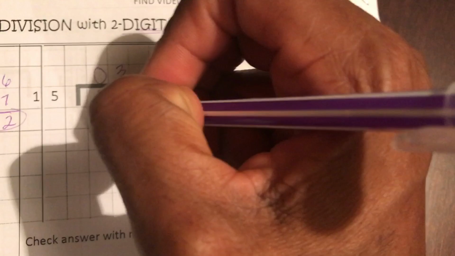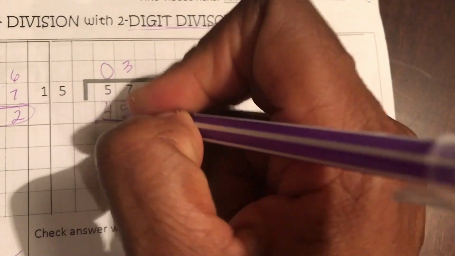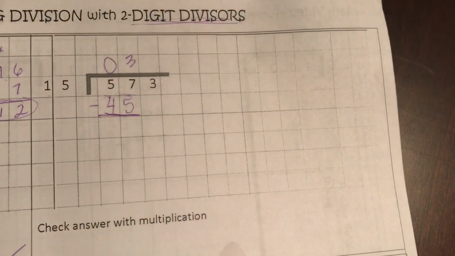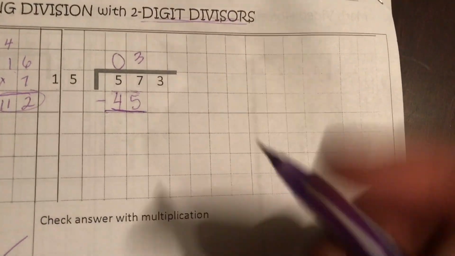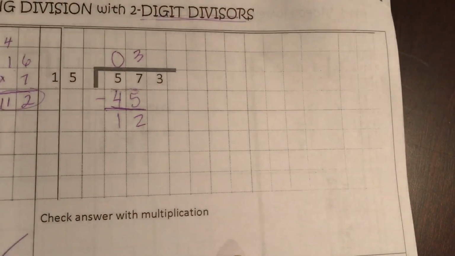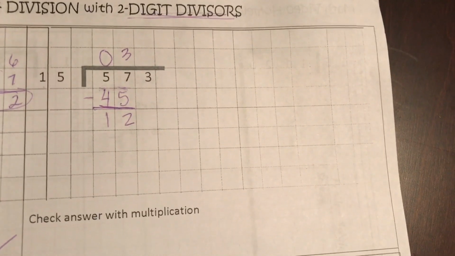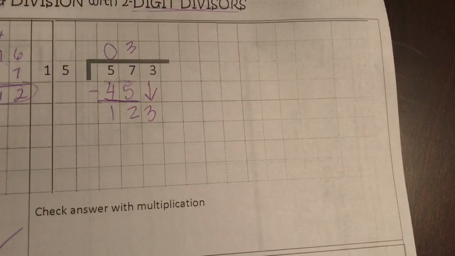So I'm going to put my actual multiple of 45 underneath the 57, and now I'm going to subtract. 57 minus 45. 7 minus 5 is 2. 5 minus 4 is 1.